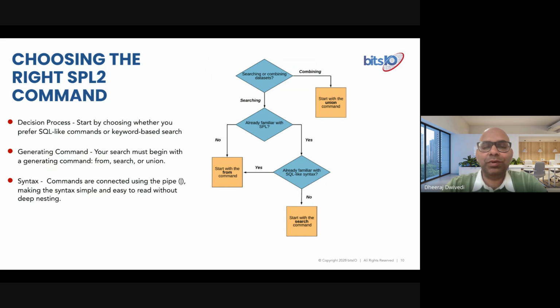And the union command is used if you want to combine results from multiple data sets. That's what I was talking about, improving performance and efficiency. The union command can combine the results from multiple data sets into a single output. These generating commands kick off the search process and lay the foundation for further analysis.